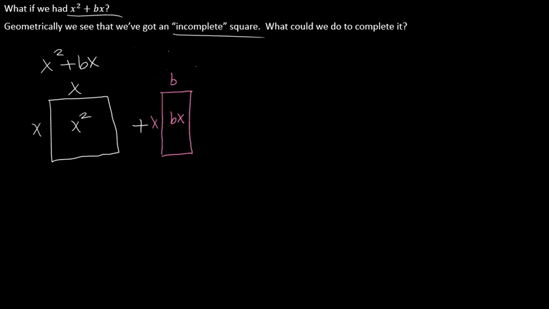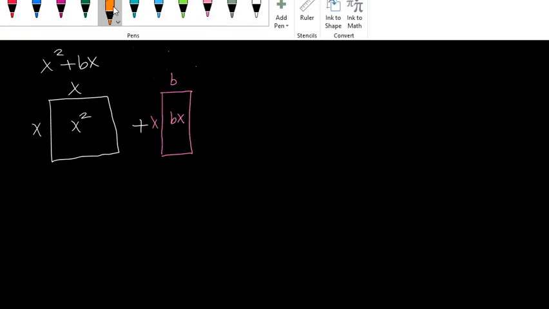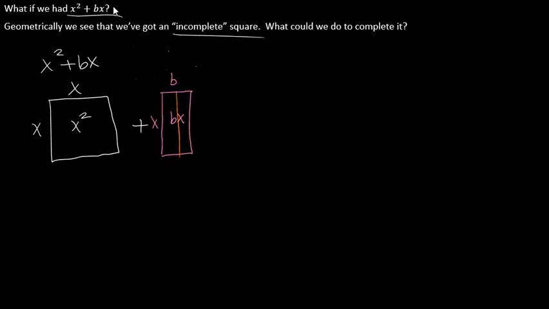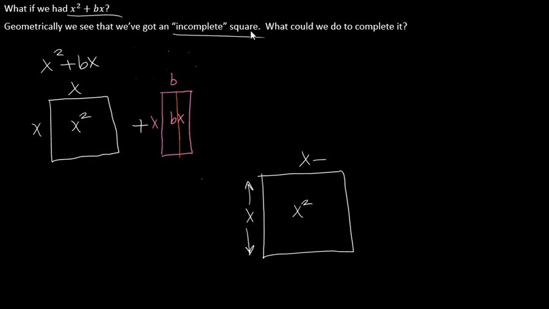So let's try and form this into a square. What if I took this bx and cut it in half, right? If I cut it in half and placed it around, so here's my x squared again. Right, and if I just took these little half pieces here, so this side length is equal to 1/2 of b, right?